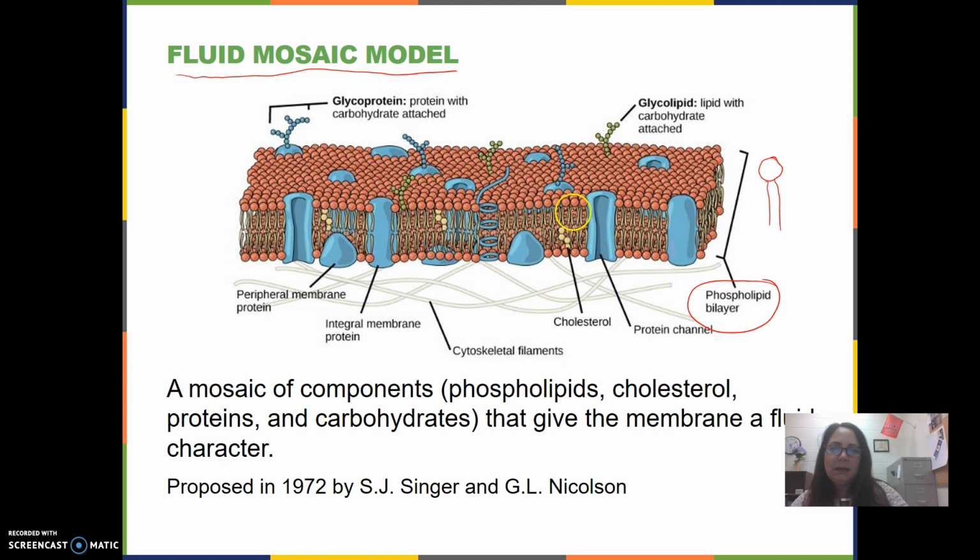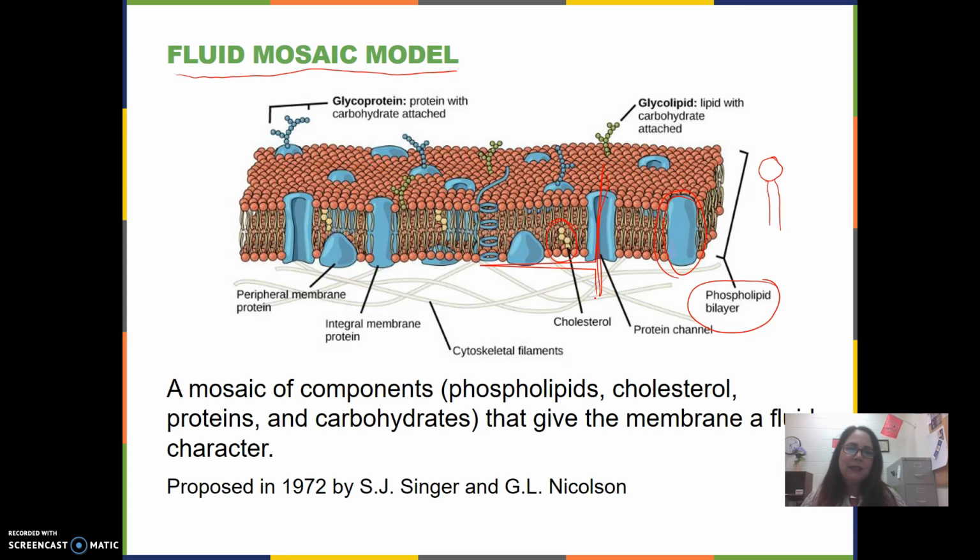So you see all of these phospholipids, the phospholipid bilayer. And then you see cholesterol, which can be found embedded within the phospholipids. Then you see these large blue molecules. They're proteins, and these proteins have different functions. Sometimes they have an opening, so they act as a channel.